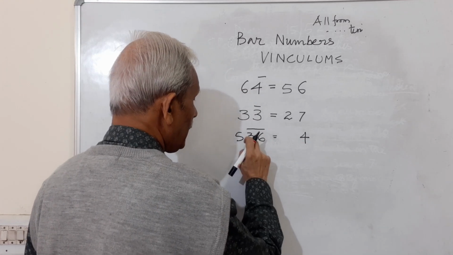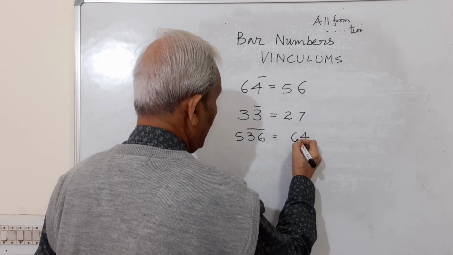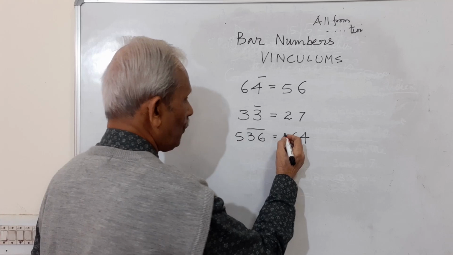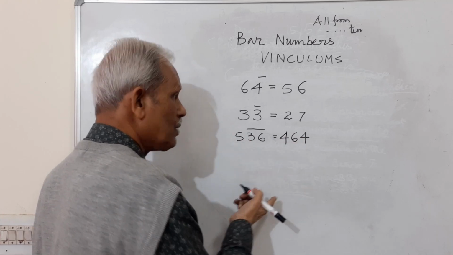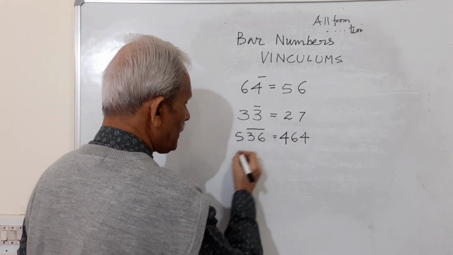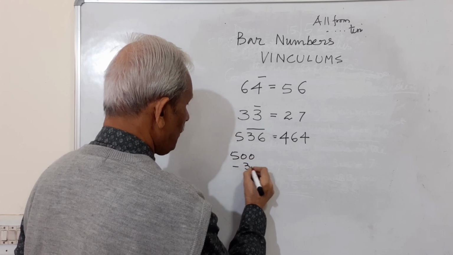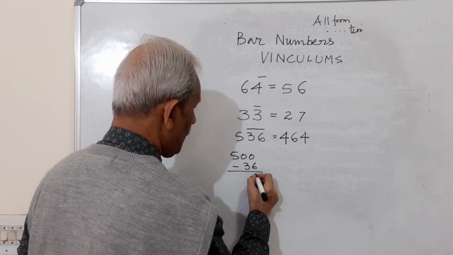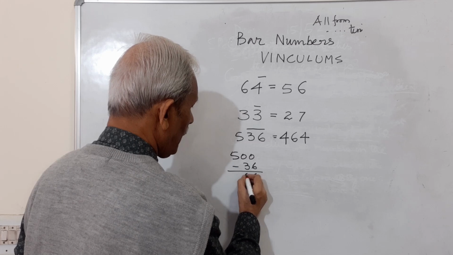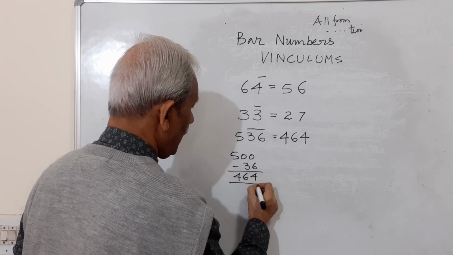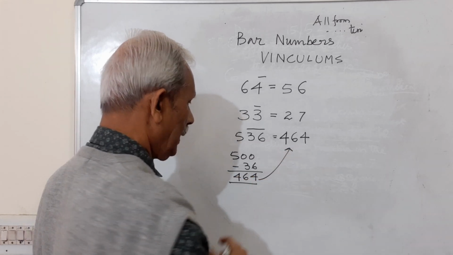Reduce this from 9 to make it 6. And reduce this number by 1, 464. And indeed so, because 536-bar means what? 500 minus 36. And 500 minus 36 is what? This is the answer, right?